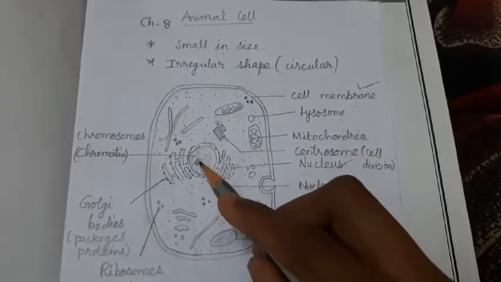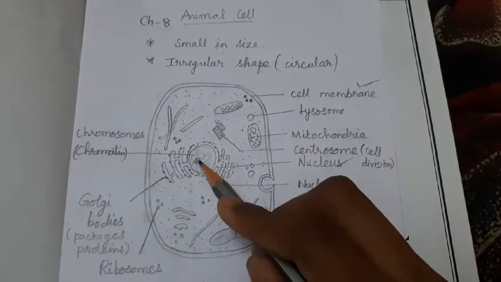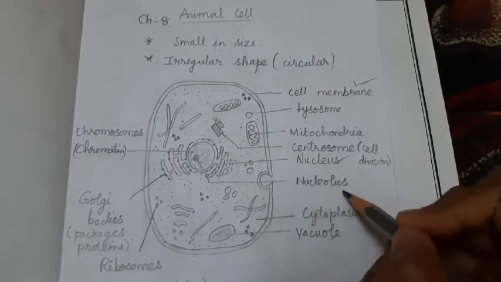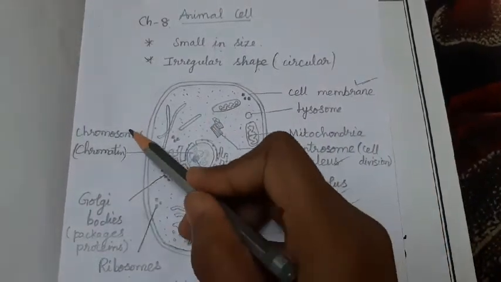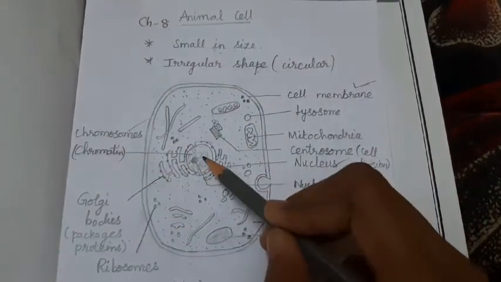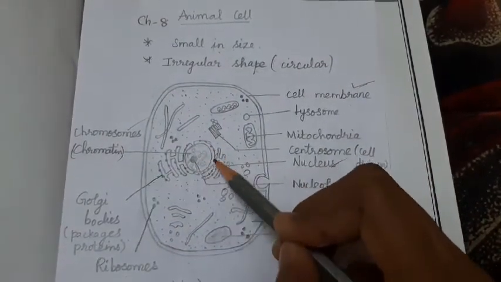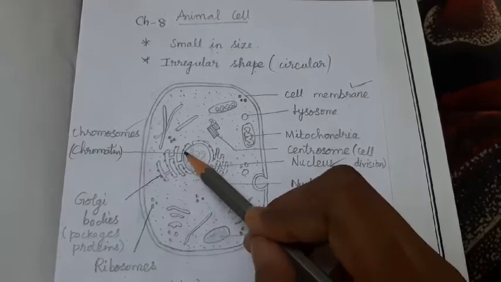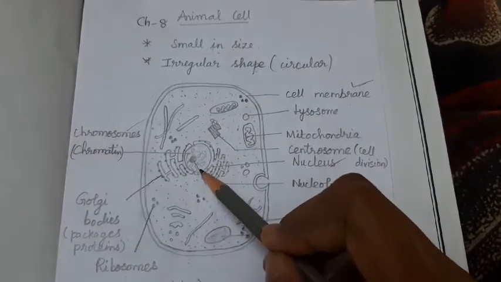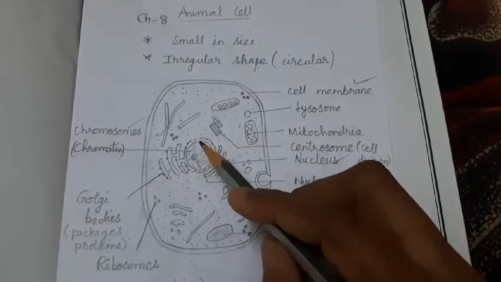Okay, so inside the nucleus what do we have? We have the nucleolus and the chromosomes. So the nucleolus and chromosomes are present inside the nucleus and they are protected by the nuclear membrane. Okay.